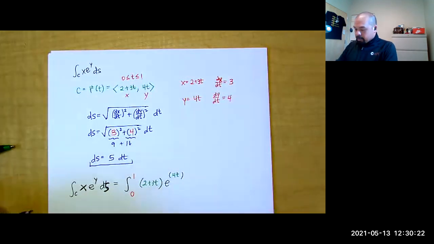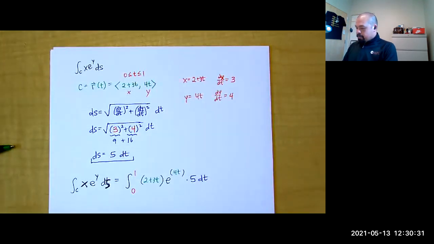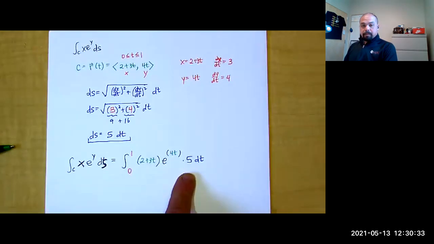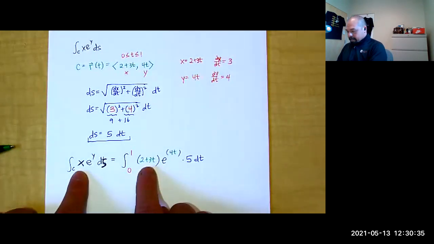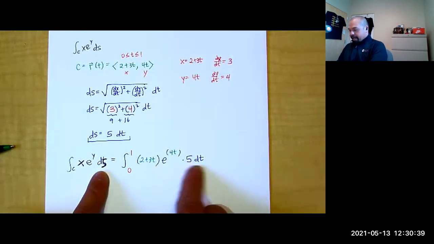I jumped ahead of myself. ds, 5 dt. Okay, so there's my x, e to the y, ds became 5 dt.